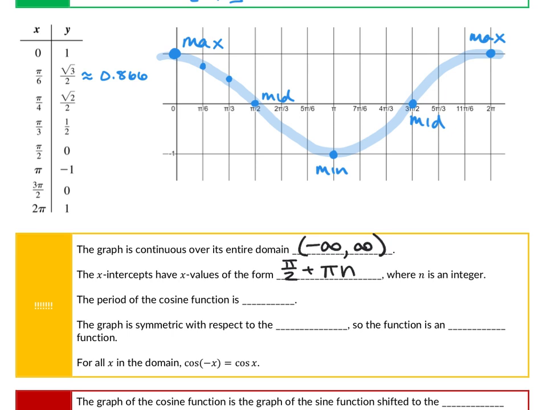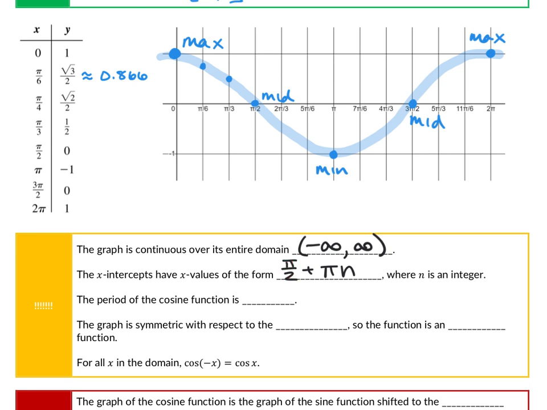The way this comes about is that I see the very first positive x-intercept occurs at pi over 2, and then it takes a distance of pi for another x-intercept to show up. If we kept scrolling on this graph, another pi distance away, there would be another x-intercept. So there are multiple of them every pi distance away, starting at pi over 2.